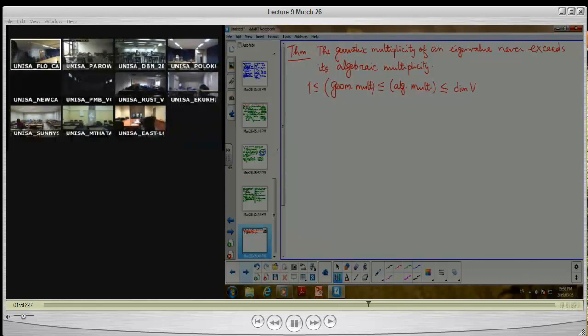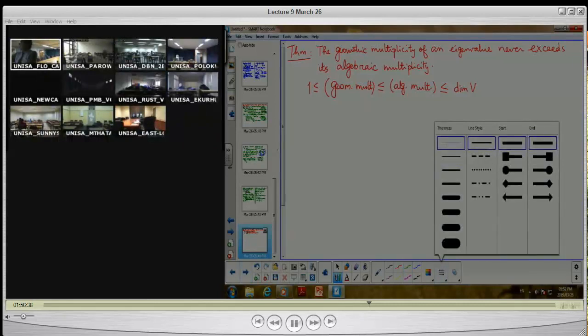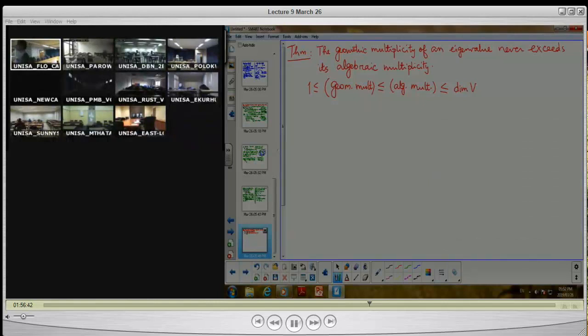so we do it via matrices. So let T be a linear operator and lambda an eigenvalue of T in K. The dimension of the eigenspace cannot be 0 because it is an eigenvalue.